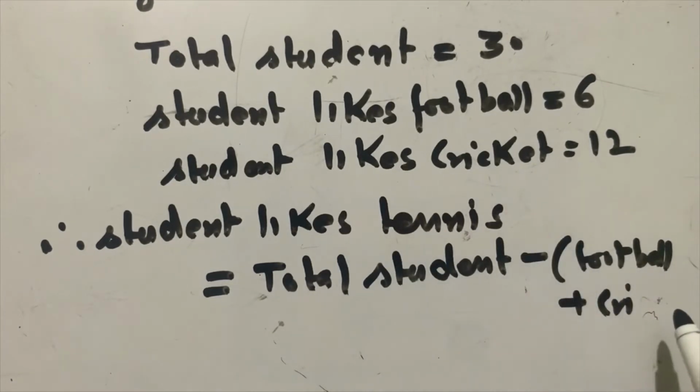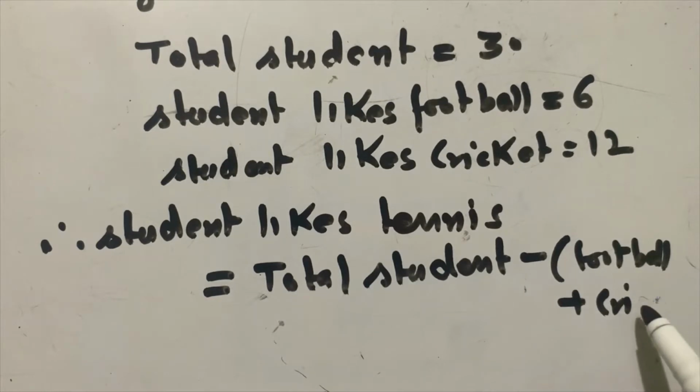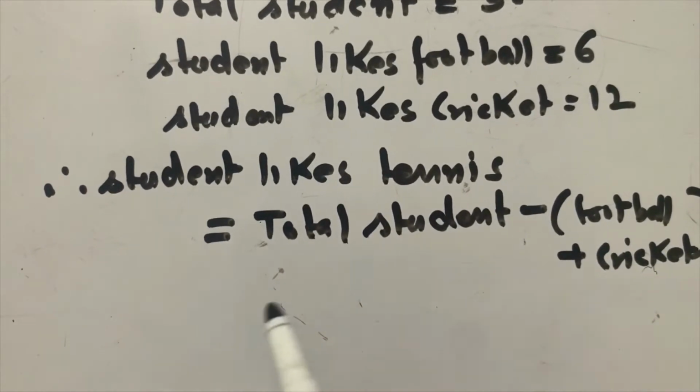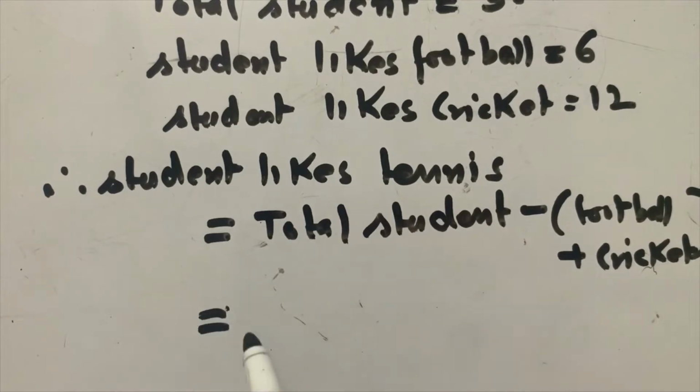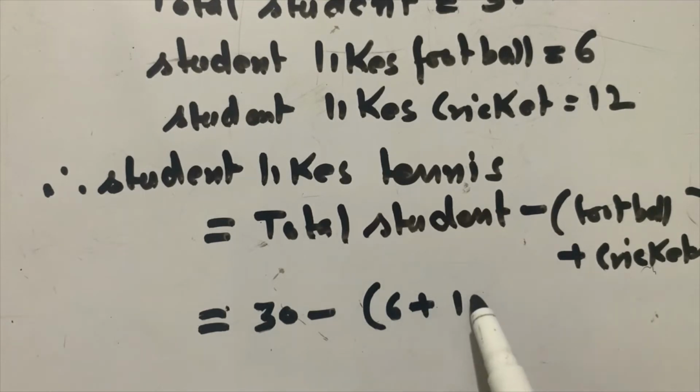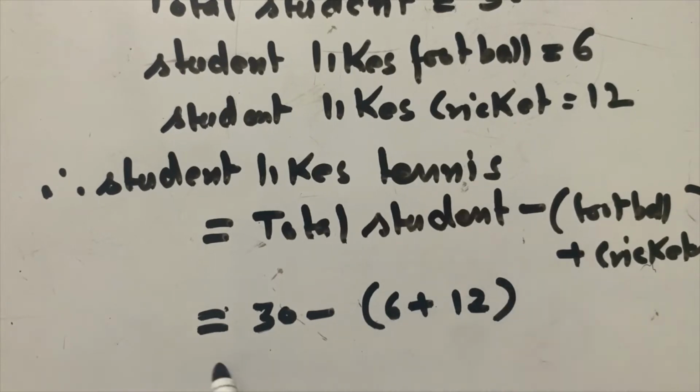Students who like tennis is equal to total students, given 30, minus number of students who like football 6 and number of students who like cricket 12. 30 minus 6 plus 12, that is 18.